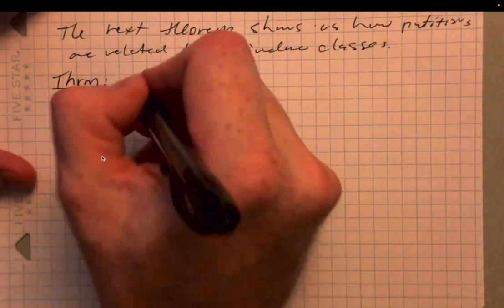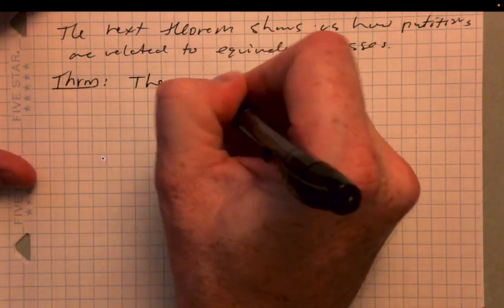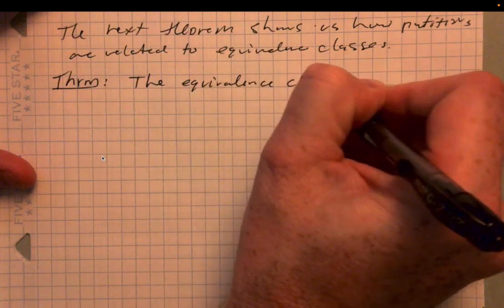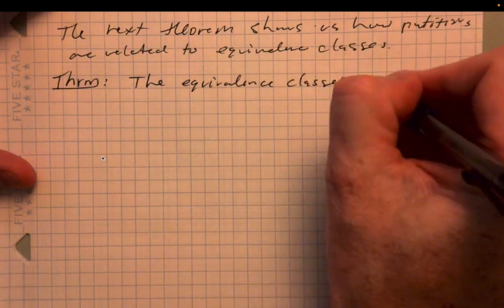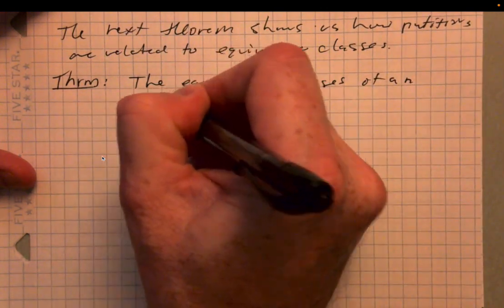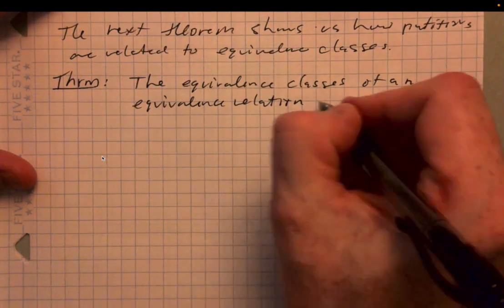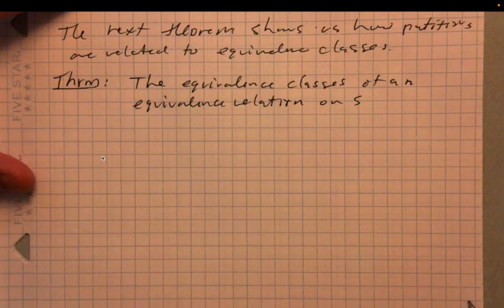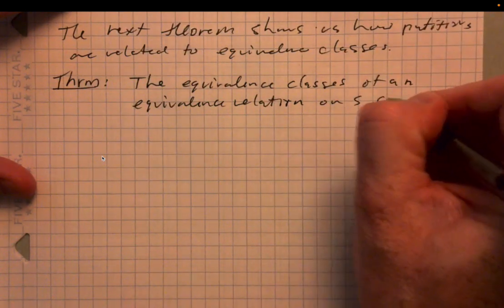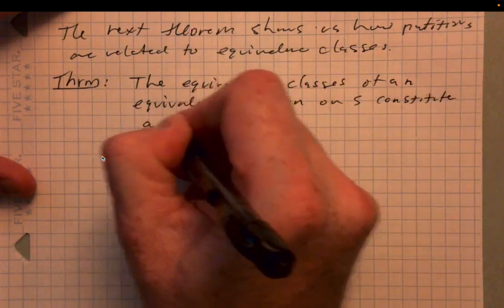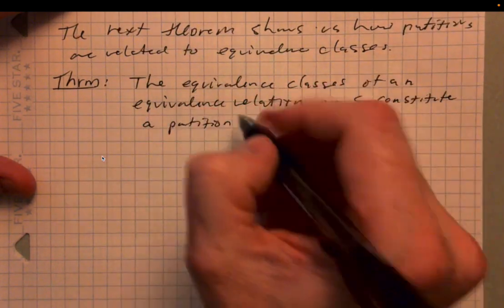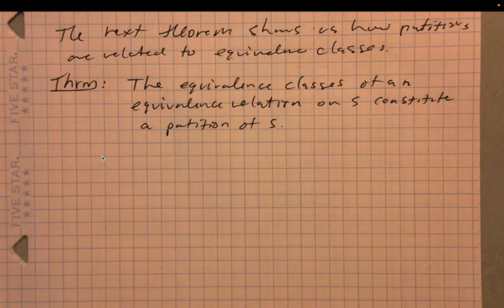Okay, so the theorem says that the equivalence classes of an equivalence relation on a set S, of course, constitute a partition of S. Given a set S, the equivalence classes, remember those sets that we defined earlier, we'll bring them up again if you can't remember, but look back a couple pages.